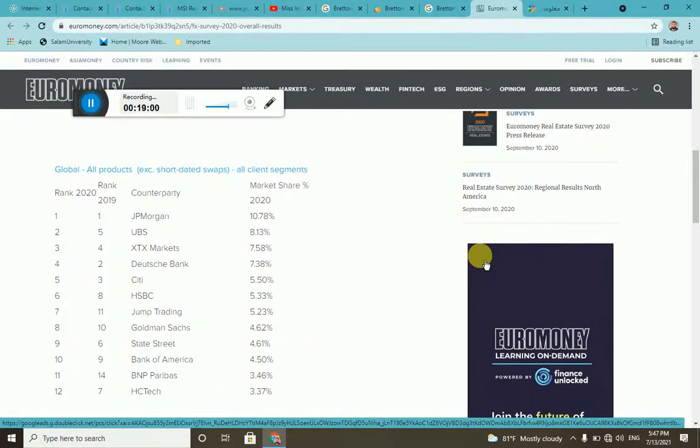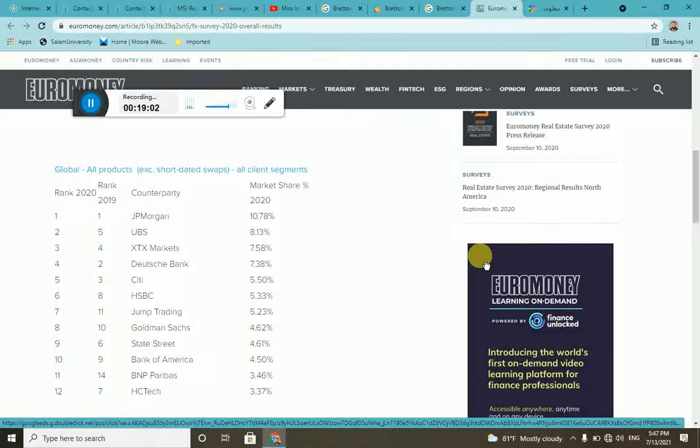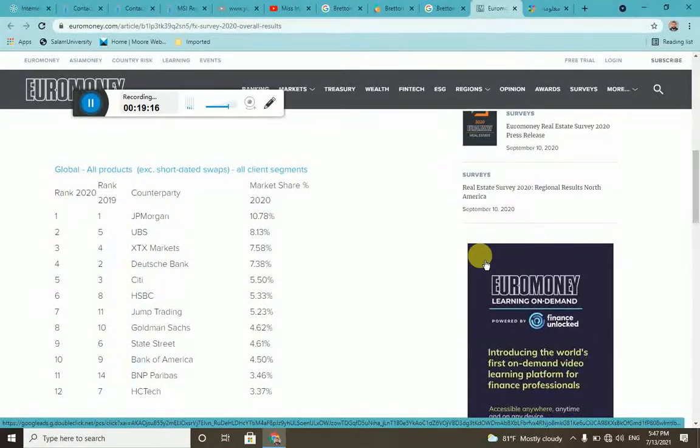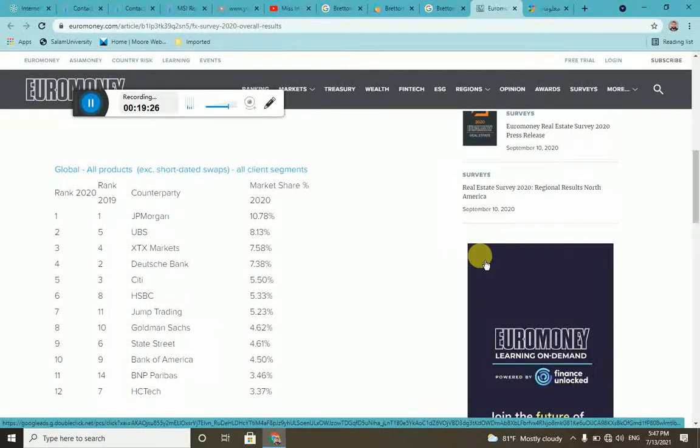Goldman Sachs has about 4.6%. State Street is a company whose transactions are about 5.6%. Bank of America, about 4.5% of the foreign exchange transactions are of Bank of America. Then we have BNP Paribas, they have about 3.4% of transactions.